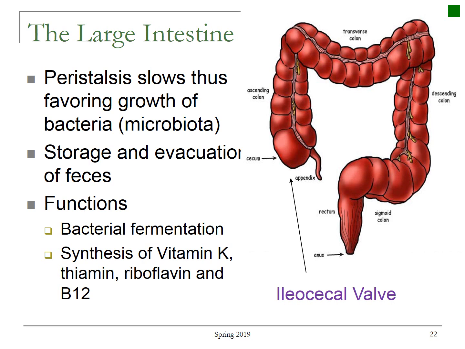As you can see from this graphic, the large intestine is comprised of the cecum, ascending colon, transverse colon, descending colon, sigmoid colon, rectum, and the anus. Intestinal flora, or the microbiota, break down the fiber, leading to intestinal gas, and synthesize small amounts of vitamin K and certain B vitamins.